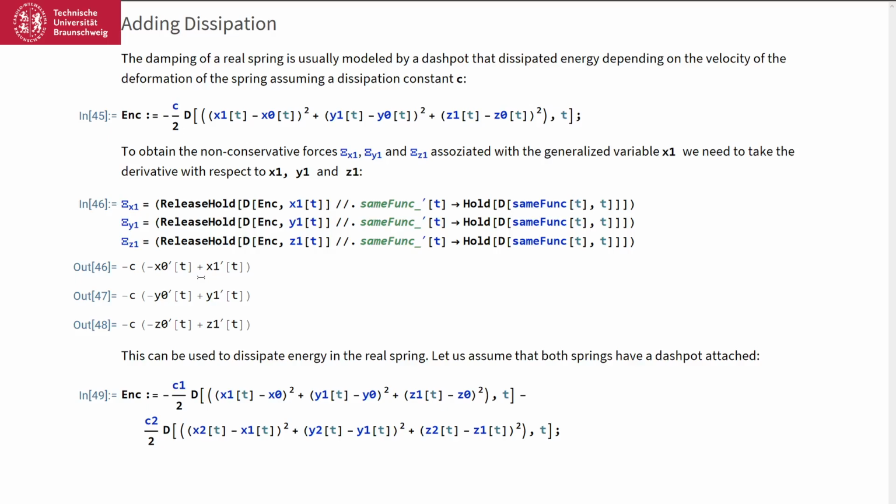You get a force by taking the time derivative of an energy, or you could also say you get the energy when you integrate a force times distance. In German we say, Arbeit ist Kraft mal Weg.